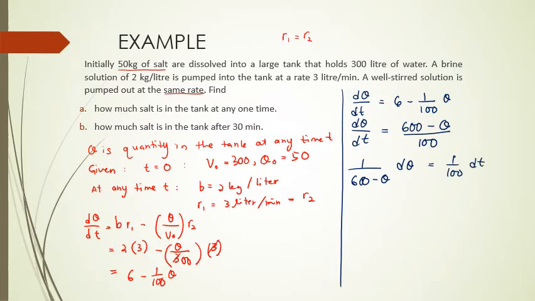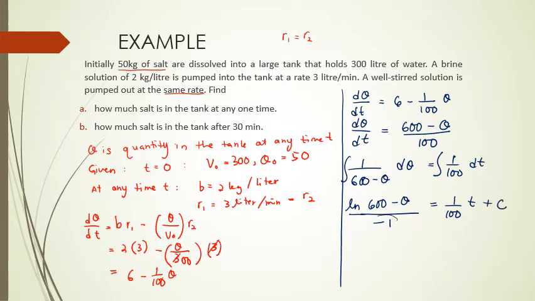Okay, and then kena integrate both sides, so become ln, okay, 600 minus Q over negative 1, equal to ln, pandai je ln, integrate 1 over 100, okay, kita dapat 1 over 100, ni kan nombor, so dia jadi nombor lah, so T, plus C, alright.